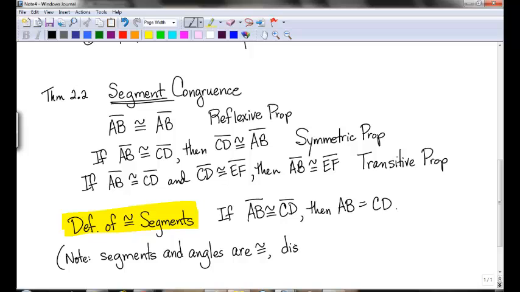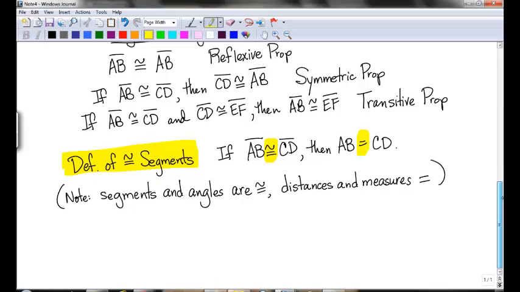Distances and measures are equal. They're basically telling you which symbol to use. Okay? Segments are congruent. Measures are equal. Okay, I want to go through another example of a proof.